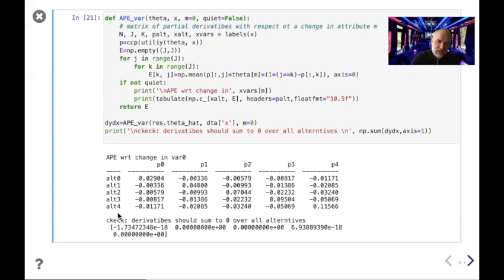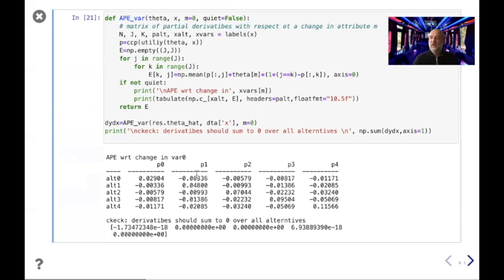That's what we're changing, and we look at the effect on the market shares for the different cars. Since I took size as the example, it's something we like because the first parameter is a positive one, theta 0 is equal to 1. So you get the expected outcome: theta is positive, so you get a positive derivative, that's what you get here, whereas you get negative ones across all the other alternatives.